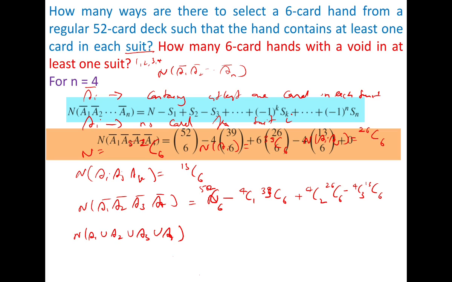But it may be possible that when at least one is not available, all four are not available or three are not available. That's why we consider the union, and it is simply s1, so 4C1 39C6 minus s2 plus s3, which is the required answer.